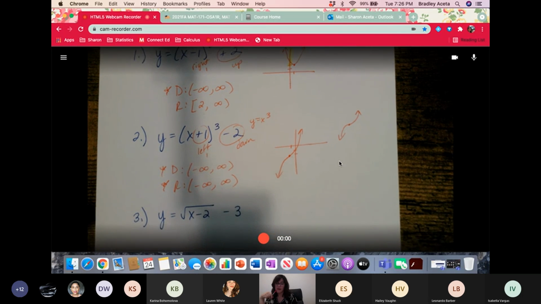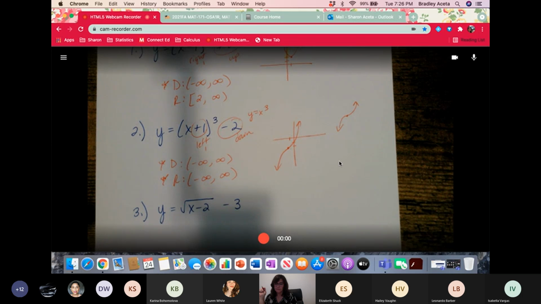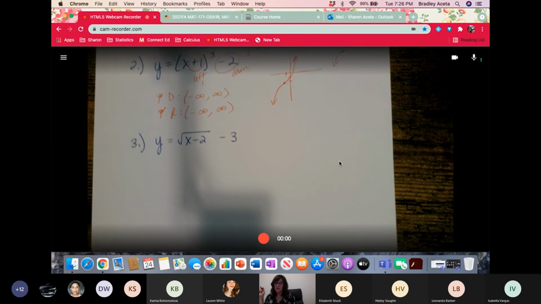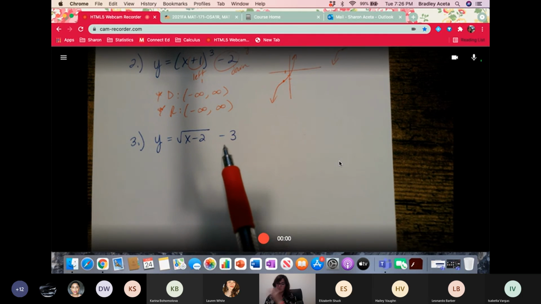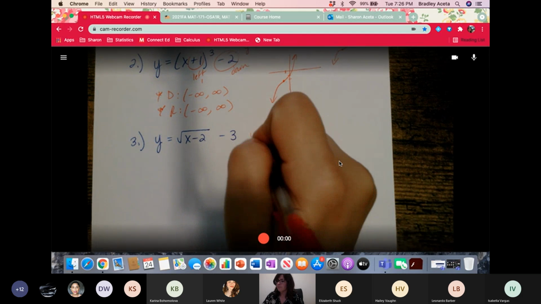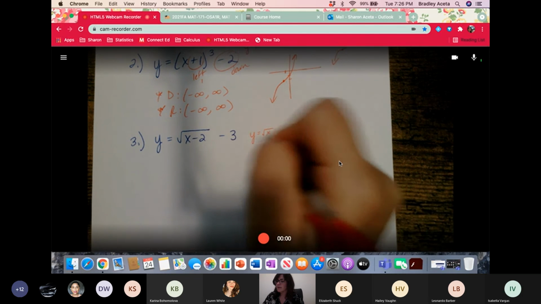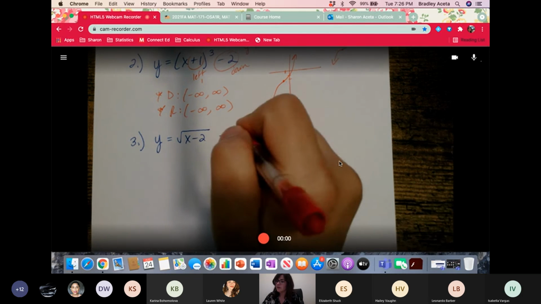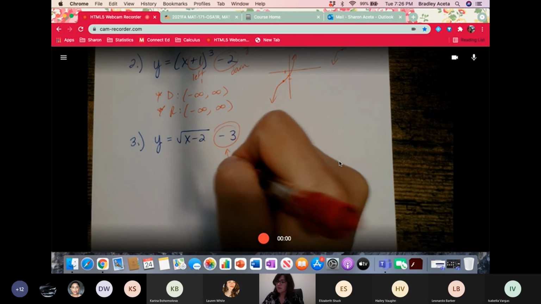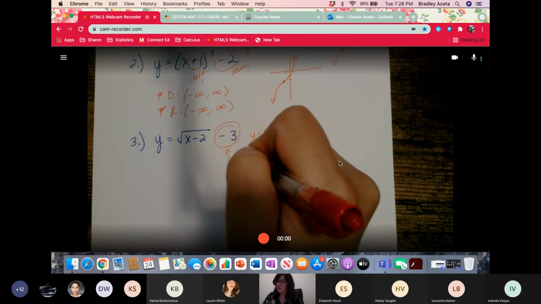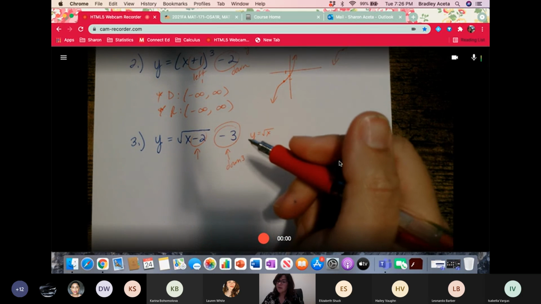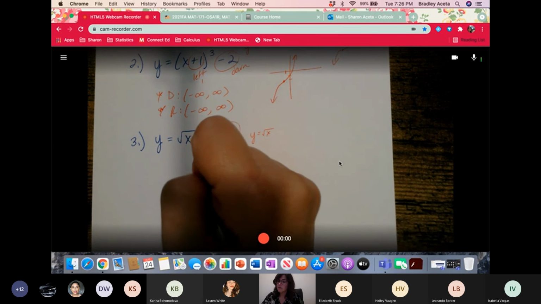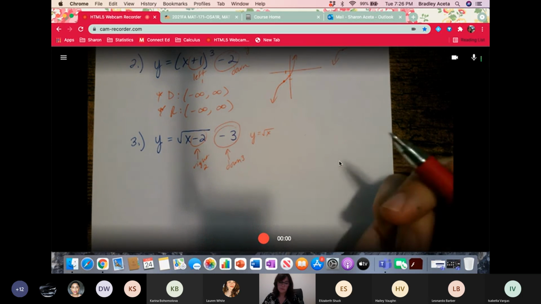Okay. What about square root? This is our last example. Easy peasy. Okay, so square root. Remember, that's the one, y equals square root of x. That's your parent. So this minus 3 would say take that parent and move it down 3. This minus 2 would say go to the right 2.